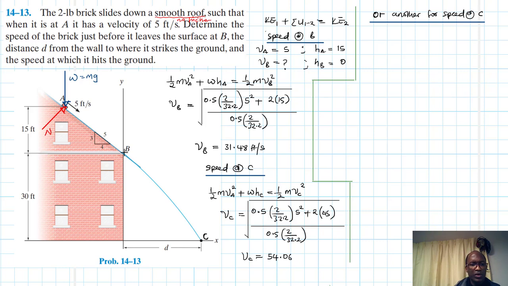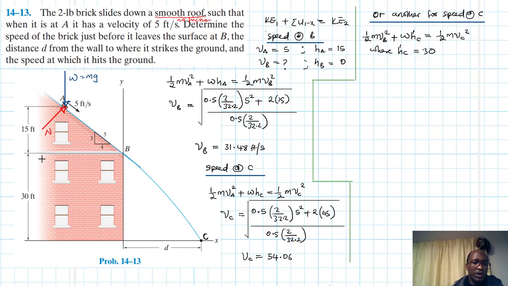Instead of using VA, we use the velocity at B, which we already found. So we'll say half m VB squared plus W h prime C is equal to half m VC squared, where h prime C is equal to just 30.